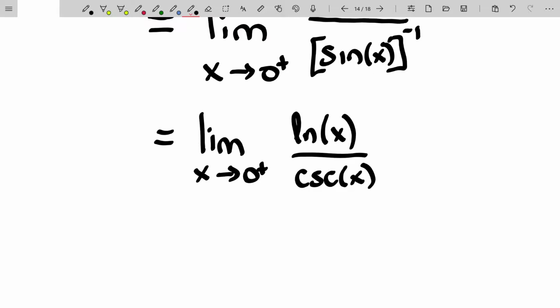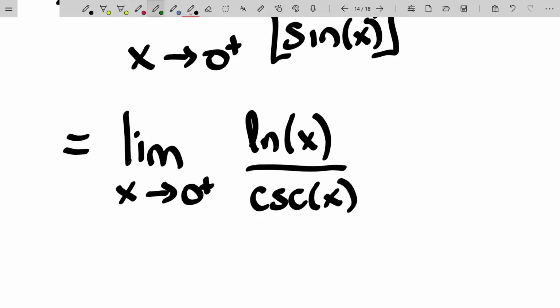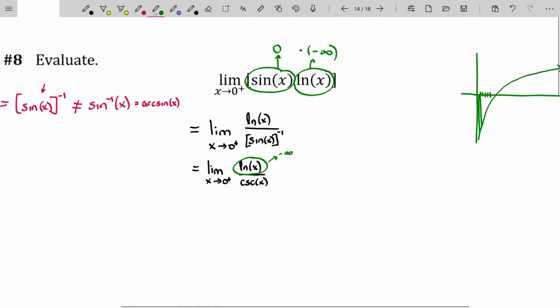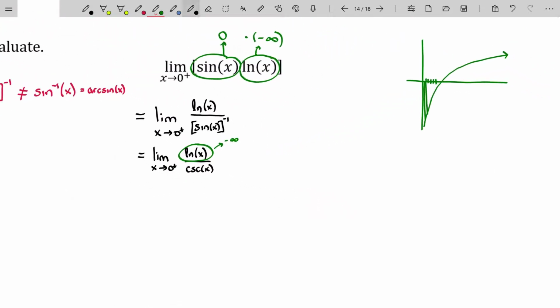All right, so if you take a look at this, as x approaches 0 from the right-hand side, we've already said this natural log is going to approach negative infinity. The cosecant, on the other hand, you might want to quickly sketch the graph. Here's the sine.